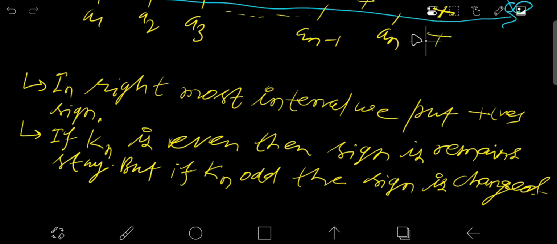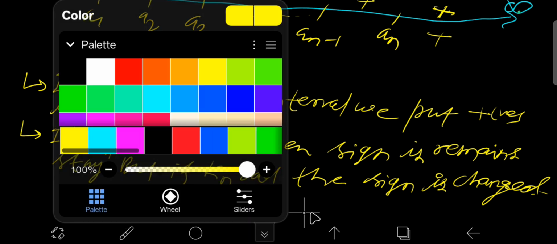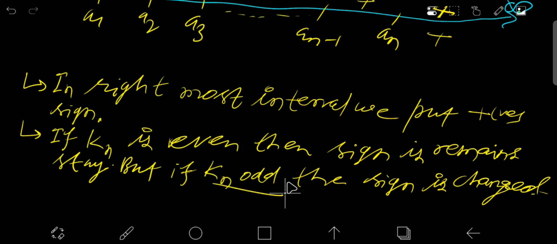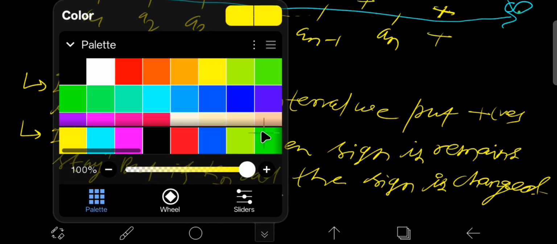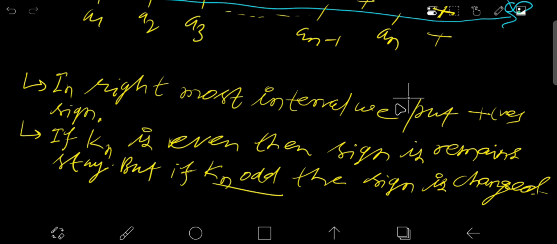This side is positive now, then we take negative here. So we note that if k is odd, then this side is positive, and here we change the sign to negative.